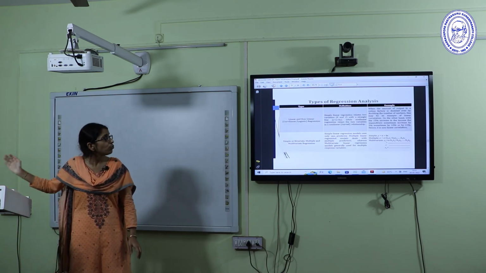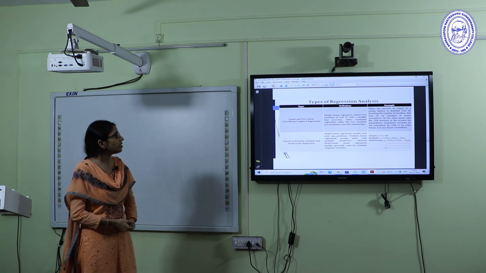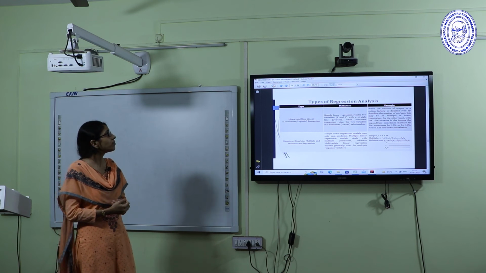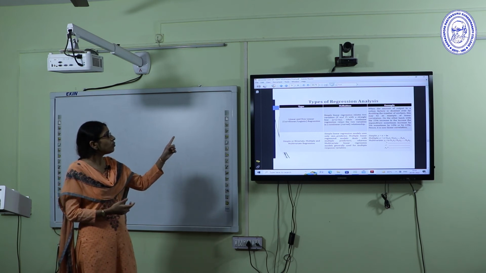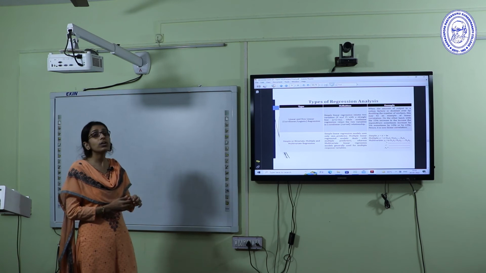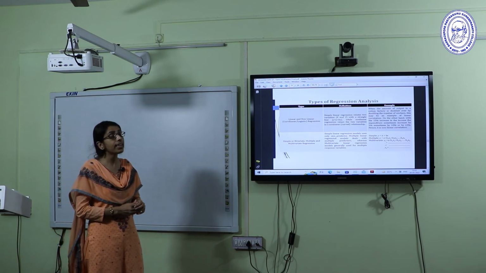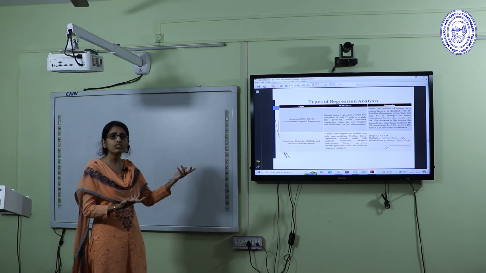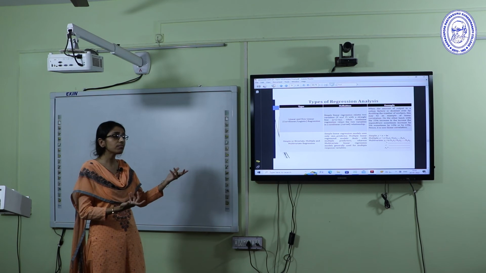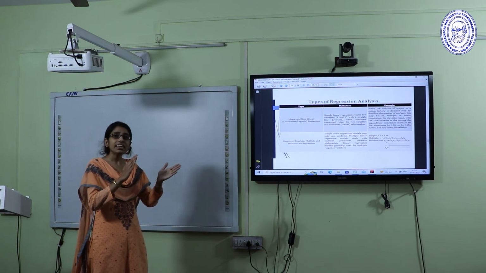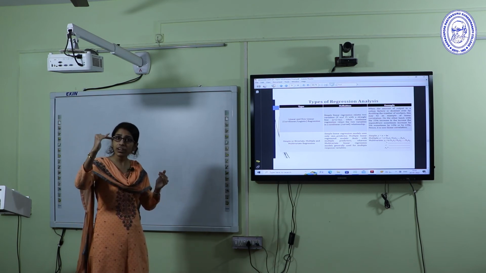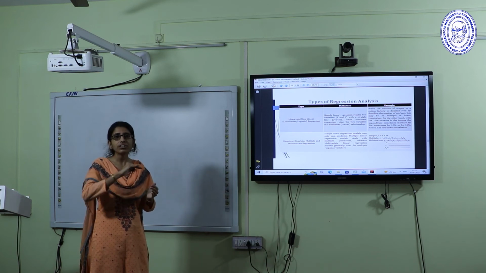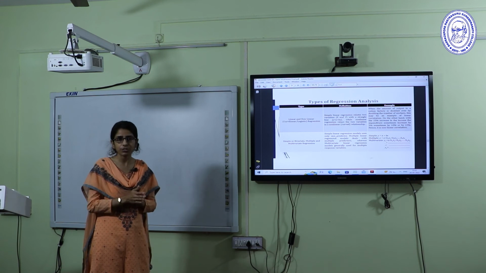Now we go through the types of regression analysis. Regression analysis may be of various types. As you previously know from linear and non-linear correlation, there are linear and non-linear or curvilinear or logistic regressions, where in linear regression there is a linear relationship, and in curvilinear or non-linear regression there is a curved relationship.